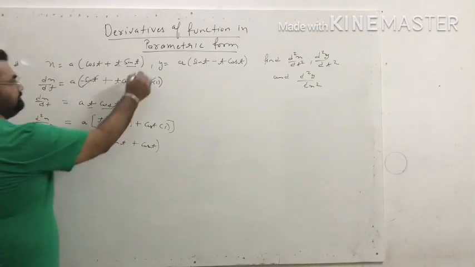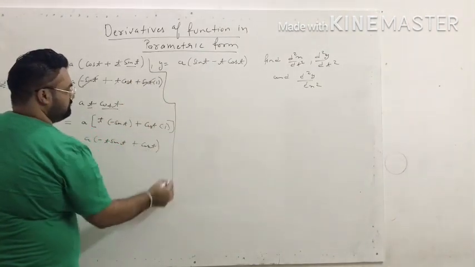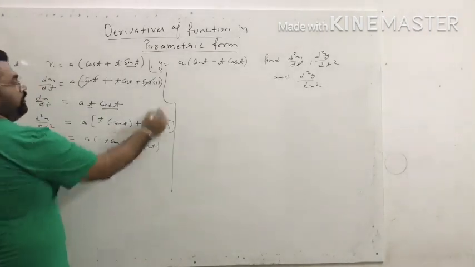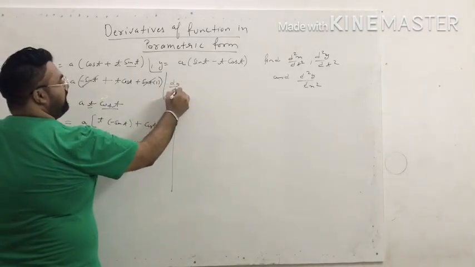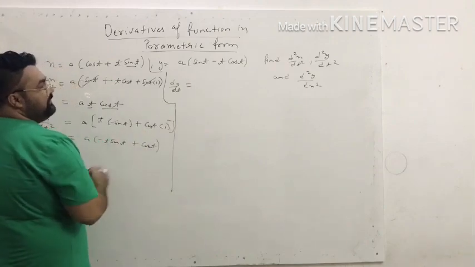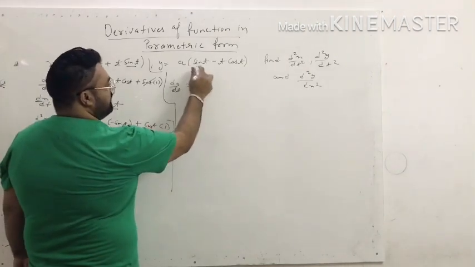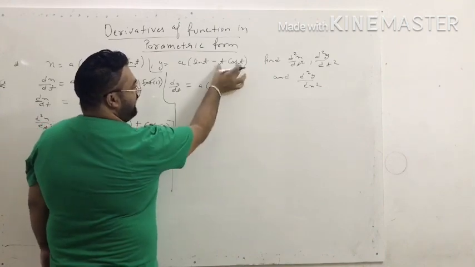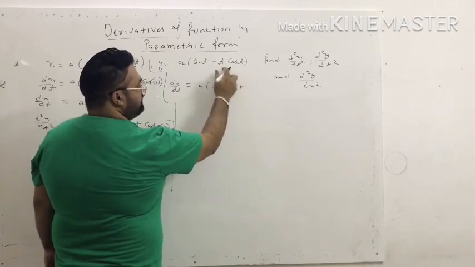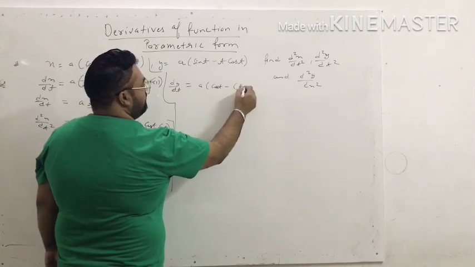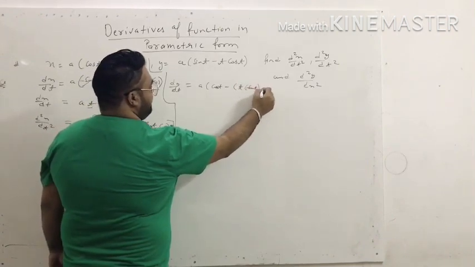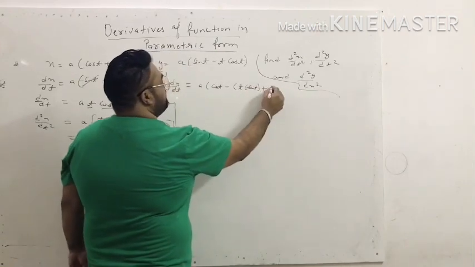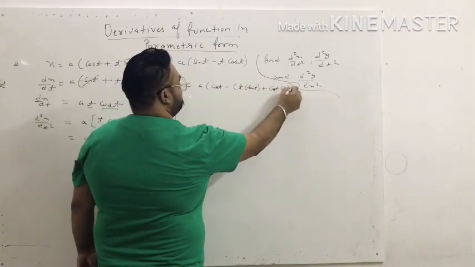After that, y = a(sin t − t cos t). Now dy/dt means a times: what is the derivative of sin t? cos t. Minus, again the two terms: the first term same, the derivative of the second term, plus the second term, the derivative of the first.